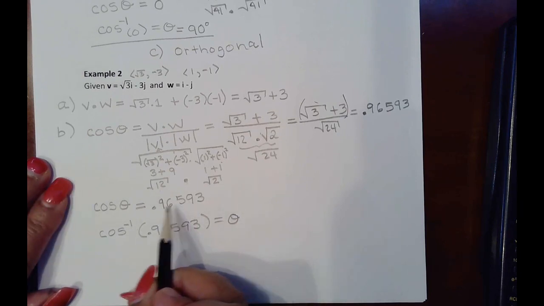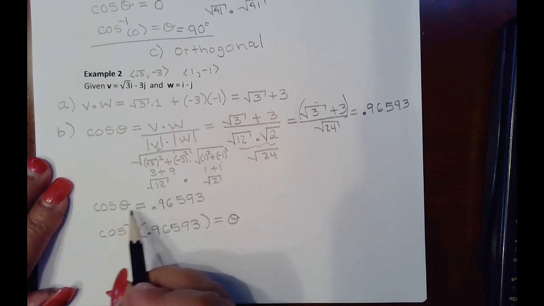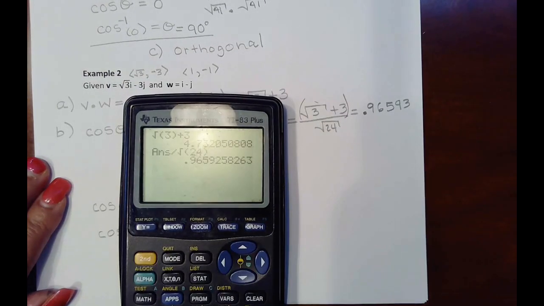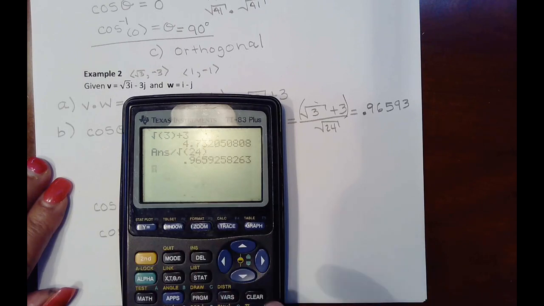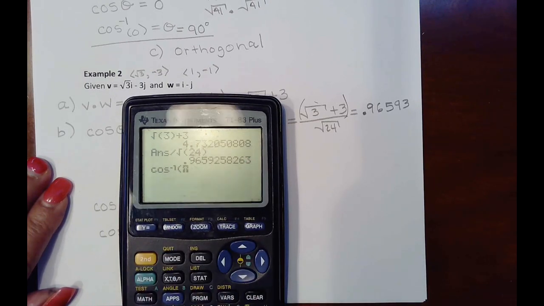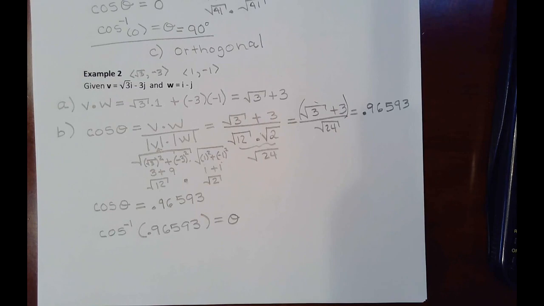Just switch the numerical value and the theta, the sides that they're on, and that allows you to introduce the inverse, which can now be put into the calculator. So inverse cosine, dump in that answer by pressing second answer, and you get that it is 15 degrees.